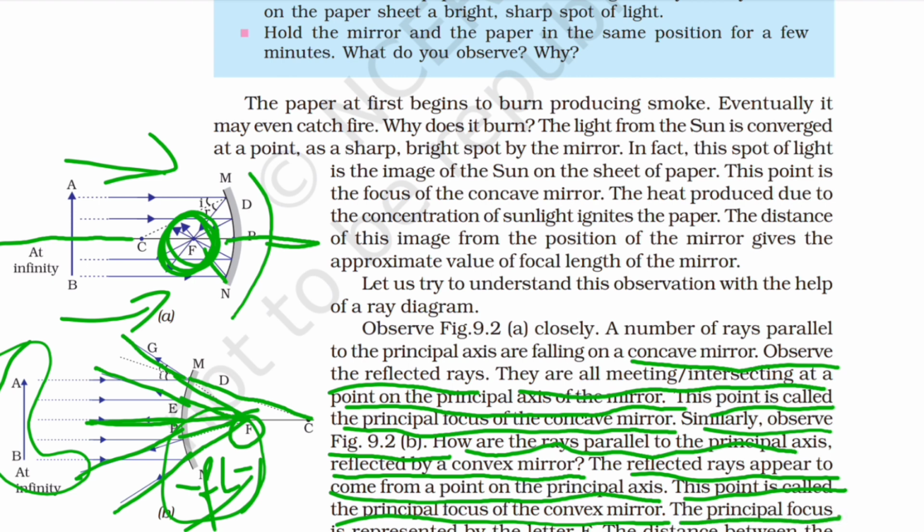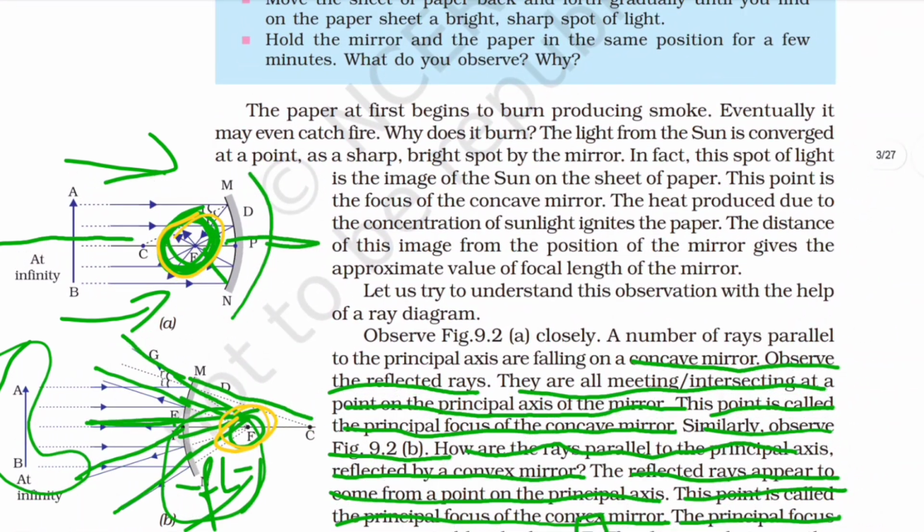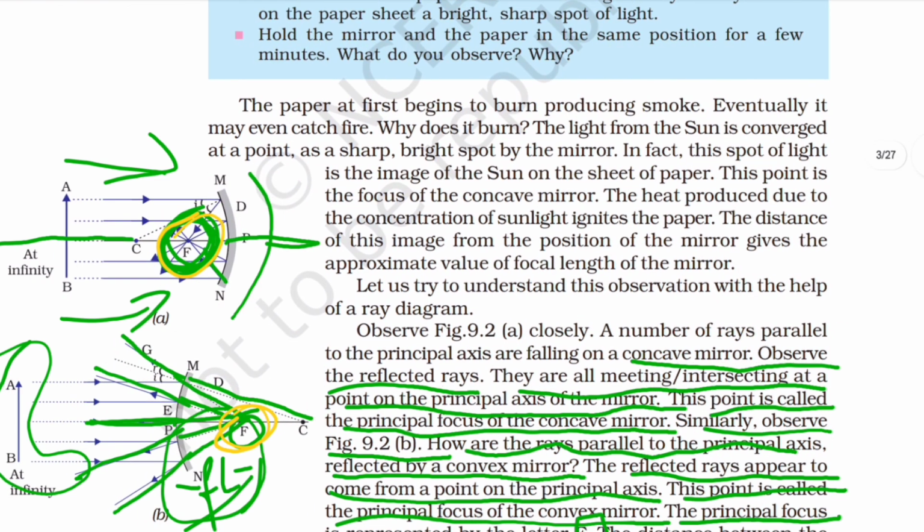The principal focus is represented by the letter F, in the concave mirror and also in the convex mirror. The distance between the pole and the principal focus of a spherical mirror is called focal length. It is very important. They may ask it as a fill in the blanks. The distance between the pole and the principal focus of a spherical mirror is called focal length.